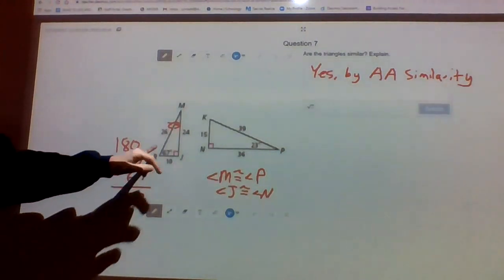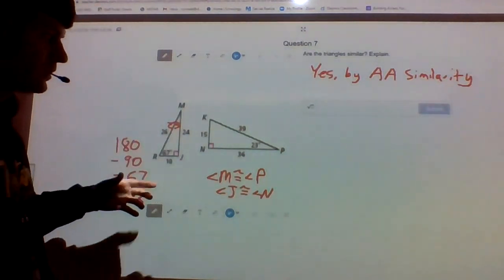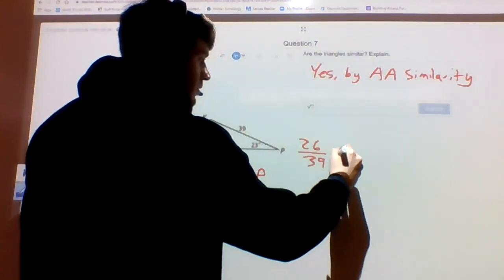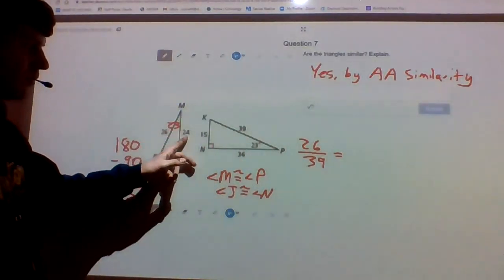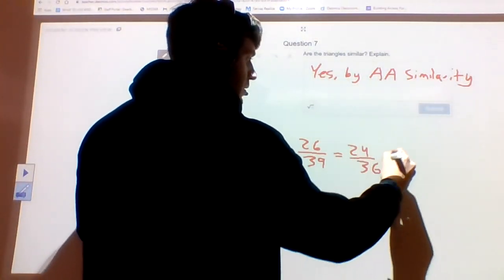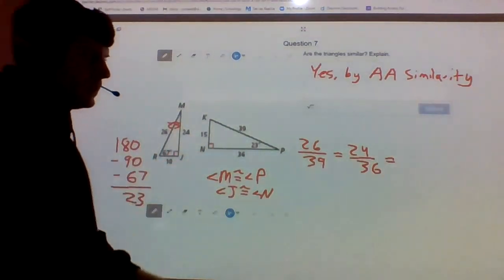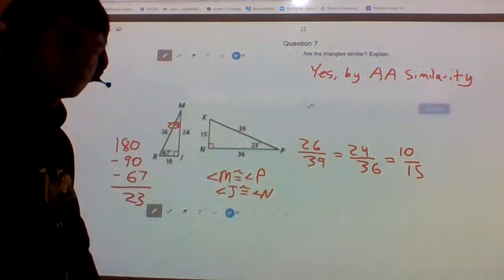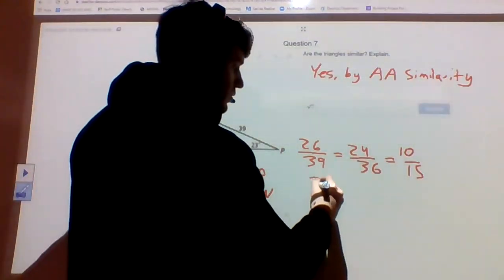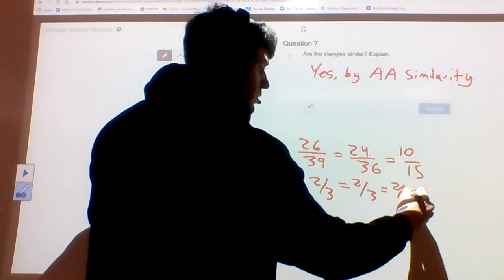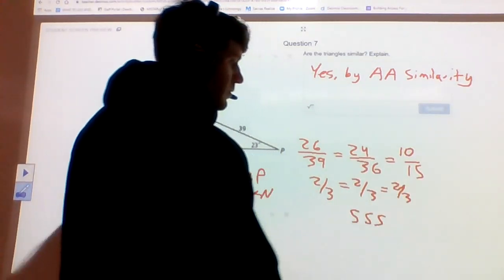We could have also checked the sides as well. So you could have set up ratios here, 26 over 39. Right, you could have done 24 over 36, and then 10 over 15. And all of these would reduce to 2 over 3. So all these ratios would be 2 over 3. So you could have also used side, side, side.